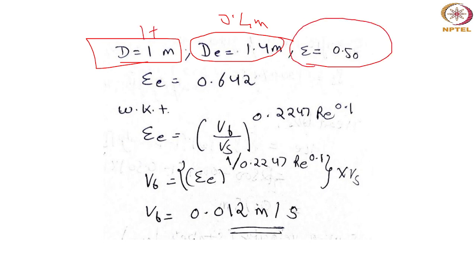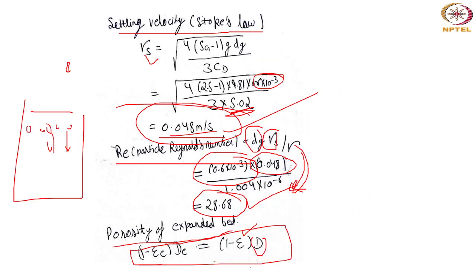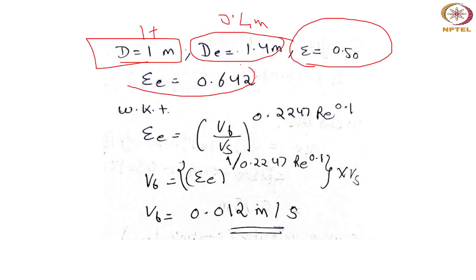Epsilon for the unexpanded bed was 0.5. If you put all the values in this equation, you get epsilon E, the porosity of the expanded bed, as 0.642. Here you can see that the porosity is increasing, which is certain because the bed is expanding.